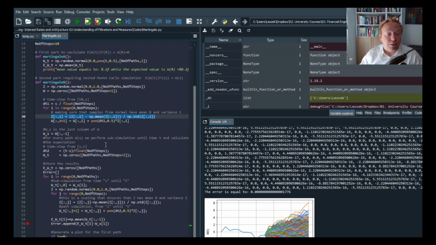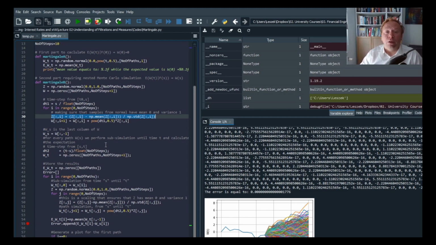This standardization ensures that Brownian motion is constructed from independent increments, which are standard normal (0, 1), scaled with the time. By scaling it, we make sure that at every time step we have an unbiased random normal: we subtract the mean and divide by the standard deviation.